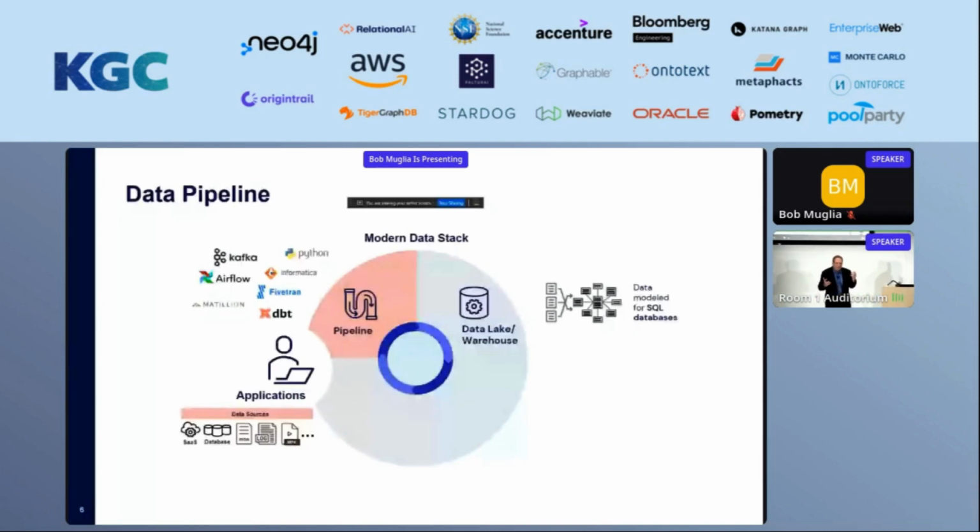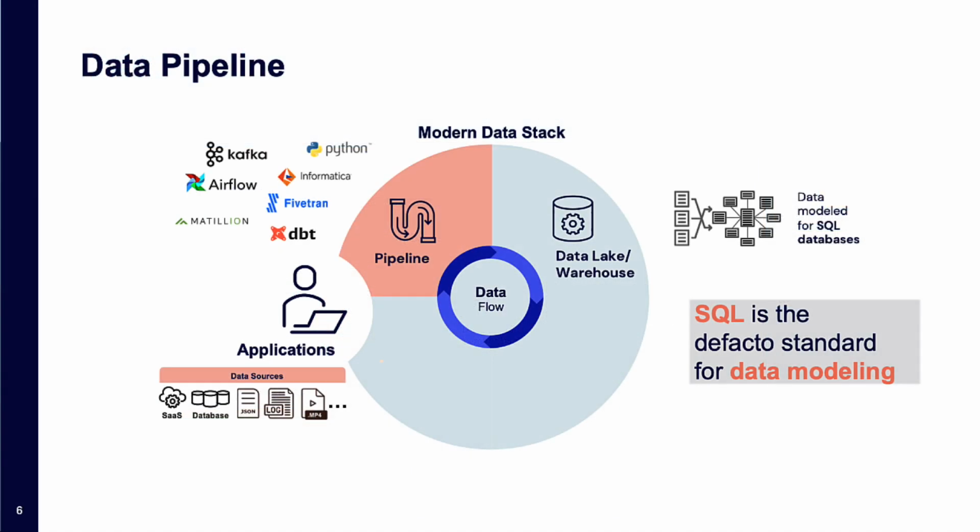There's images and video, all these rich sources of data that are being created by modern end-user applications. And data pipelines, of which there are many solutions, some of which are services like Matillion and Fivetran. Others are things you do yourself, like Python. But people are building pipelines to take that data out of the applications and put them in the cloud services where they can begin to perform analytics.